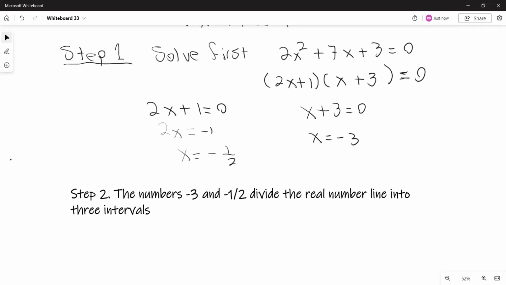The intervals are -infinity to -3, -3 to -1/2, and -1/2 to infinity.